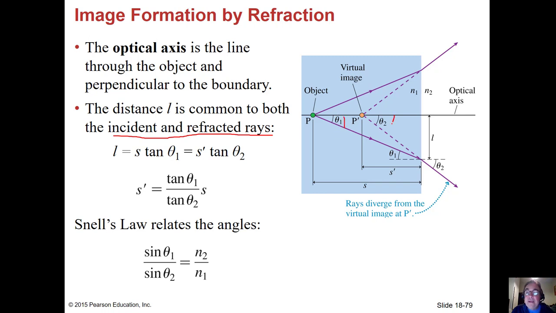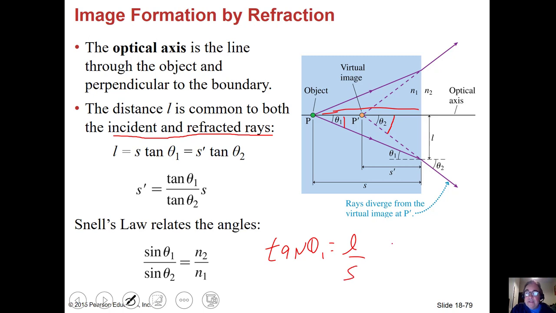There's theta 1 and theta 2. So the tangent of theta 1 would be the opposite side, that's L, divided by the adjacent side, and it's called S here. So again, this is for theta 1. This is the distance S here.